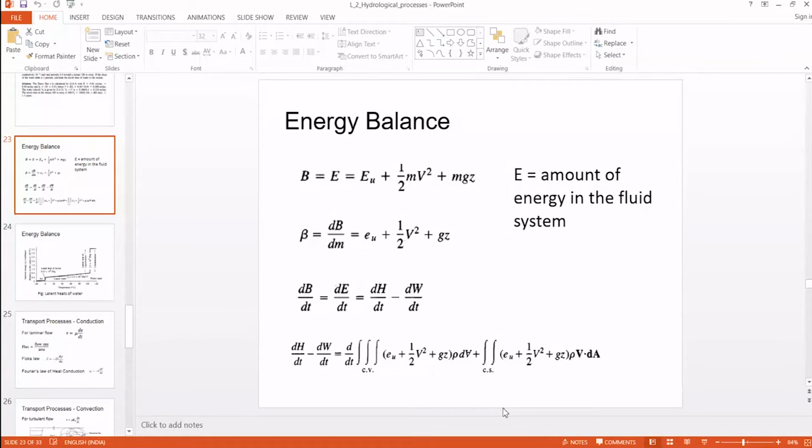So the rate of change of energy in the fluid system is equal to d by dt of the volume integral of (u plus half V square plus gz) rho, plus the area integral of (u plus half V square plus gz) into rho V. So this is the equation used for energy balance.